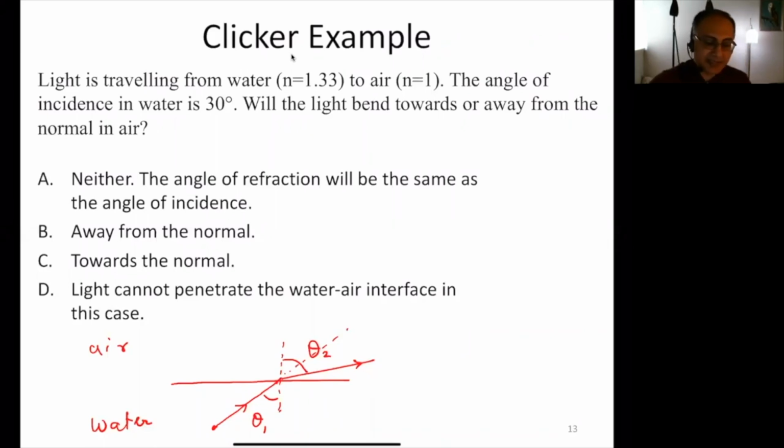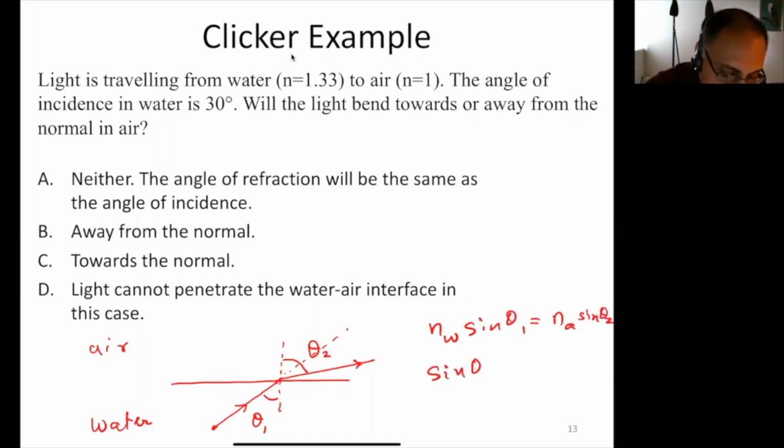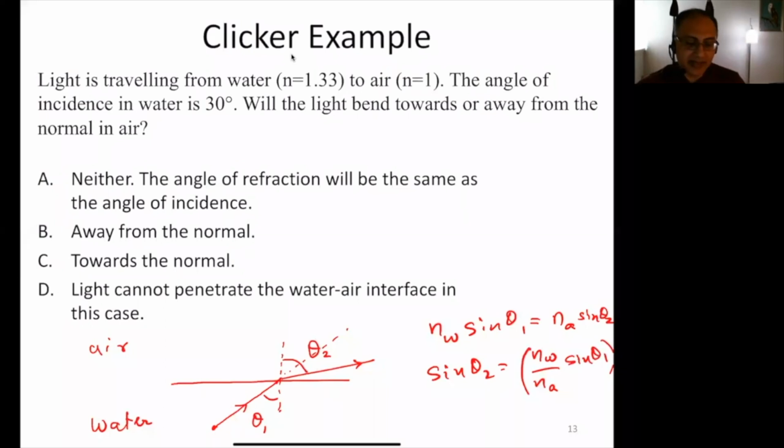So to answer that, we just apply Snell's law. So n water sine theta 1 is equal to n air sine theta 2. And so you can see that sine theta 2 is equal to n water divided by n air times sine theta 1. And you know that n water is larger than n air, right?